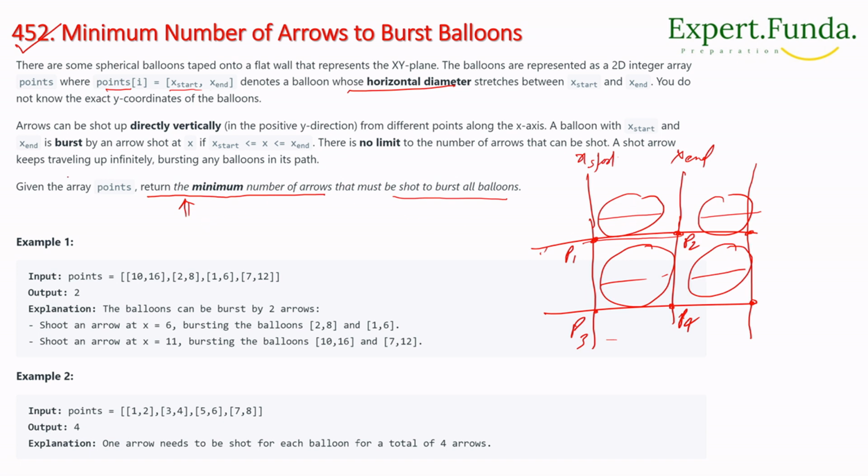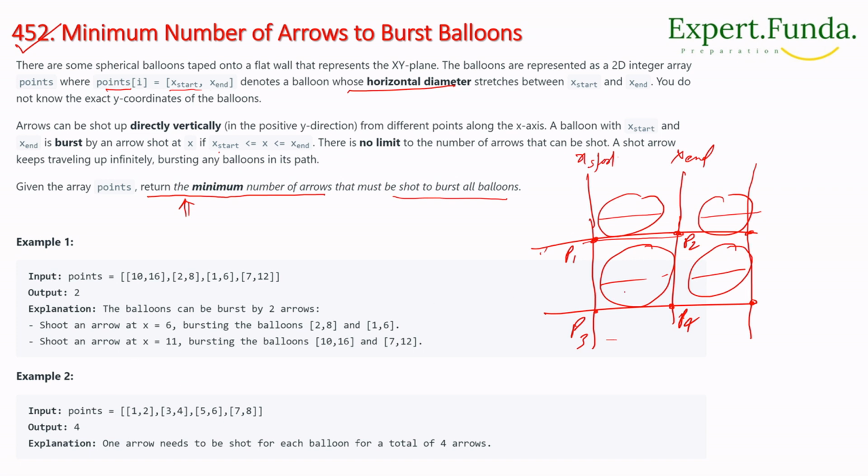Now you do not know the exact y coordinate of the balloons, right? So an arrow can be shot directly vertically up in the y direction from different points along the x axis. A balloon with x start and x end is burst by an arrow shot at x, where x start should be less than or equal to x, and x is less than or equal to x end.